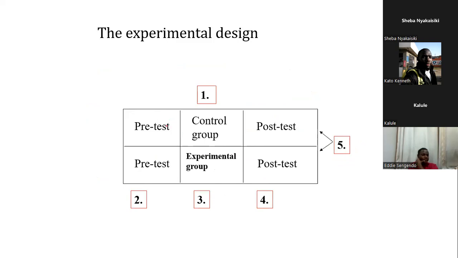So we would have something, let's say like what we see here on this slide, where we have a control group and we have the experimental group to try and control those extraneous variables. In the control group, we would put all the extraneous variables to see their effect, and then in the experimental group we remove them to see if the hypothesis is true or false.